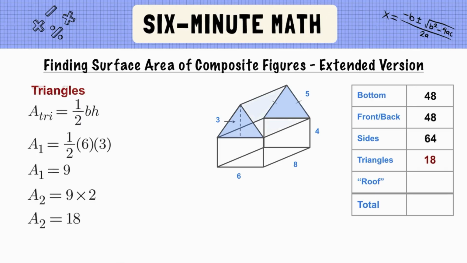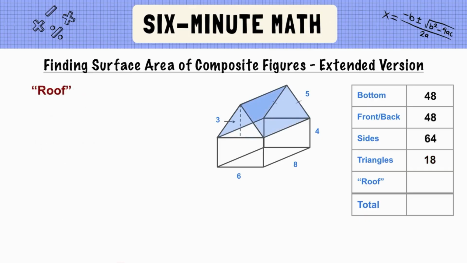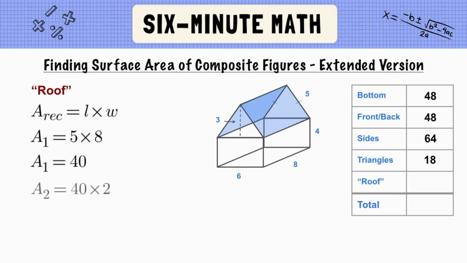And then lastly, I'm going to look for the roof. This shape is a rectangle, so I'm going to have 5 times 8. 5 is the length, 8 is the width. One of those is 40. I have 2 sides that are the same, as shown by these hash marks.